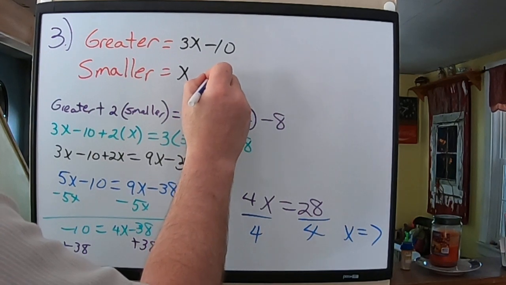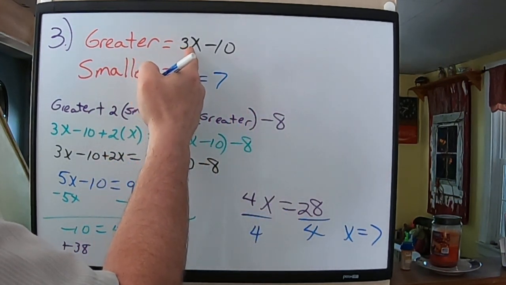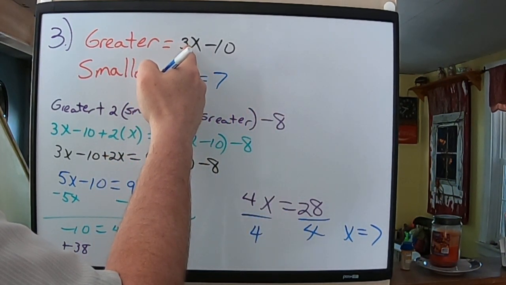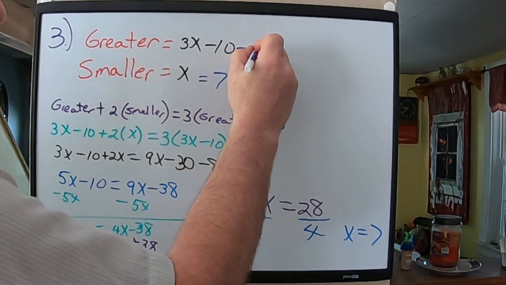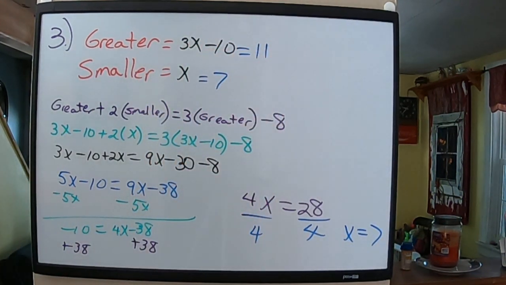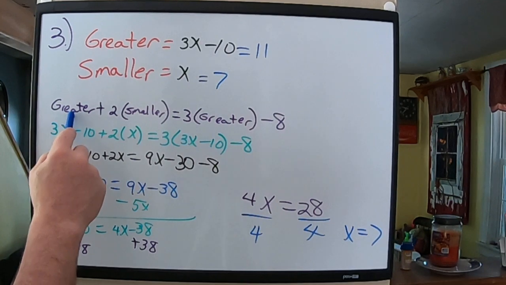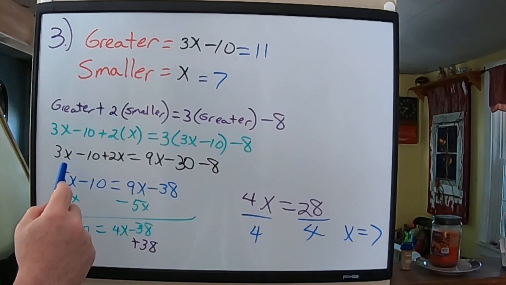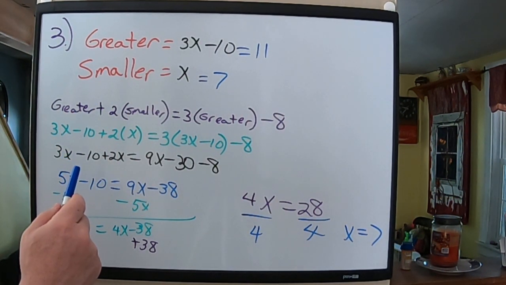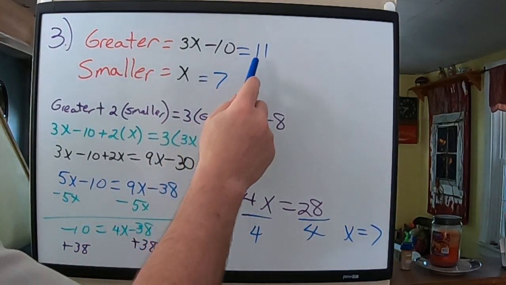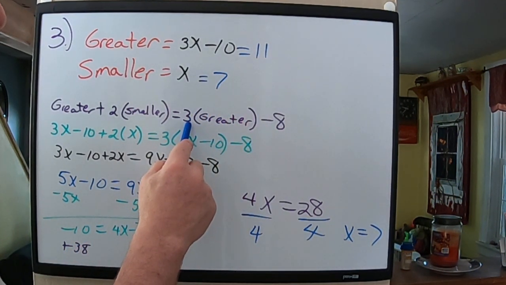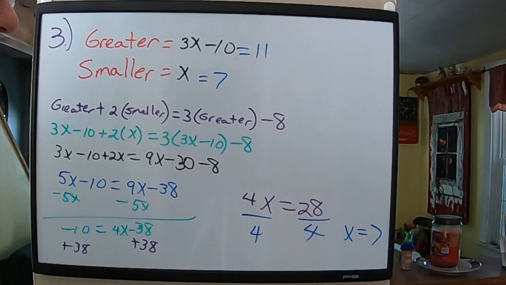So in this one, x is 7, and now 7 is still x, so 3 times 7 is 21, minus 10 would be 11. Now if I actually put those numbers back in, 11 plus 2 times 7, 14, 11 and 14, 25. And if I put the greater, 11 times 3, 33 minus 8, did I do that right? 33 minus 8.